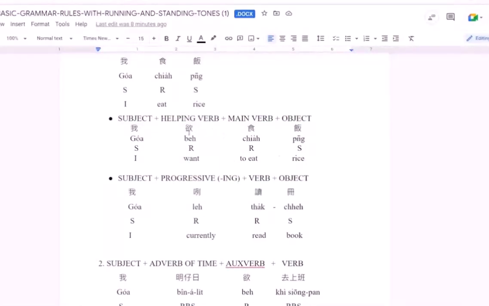So, I want to eat rice. Be means want, or it could also mean will, depending on the context. It could also indicate that it's going to happen. So I will eat rice, or I want to eat rice.